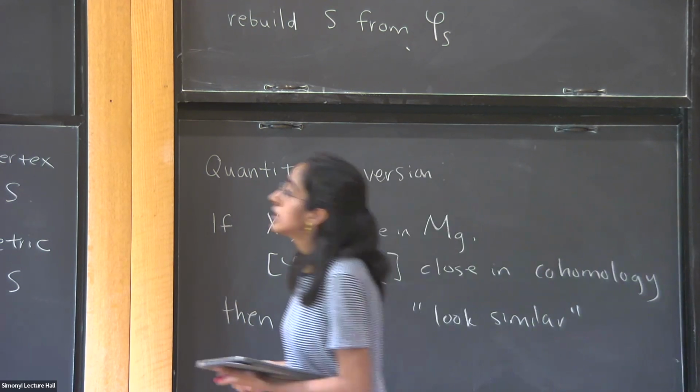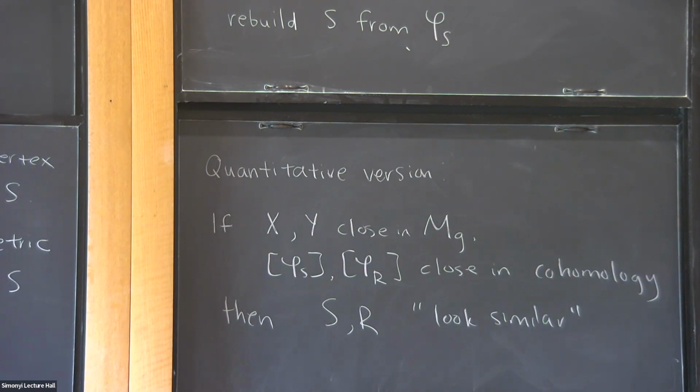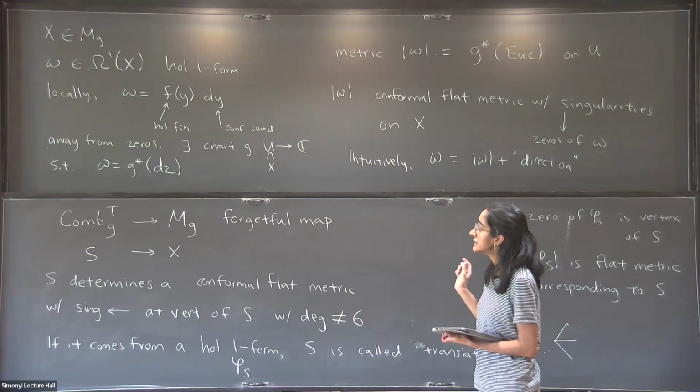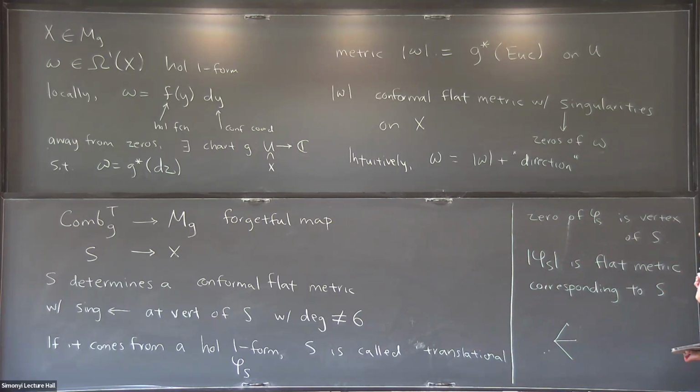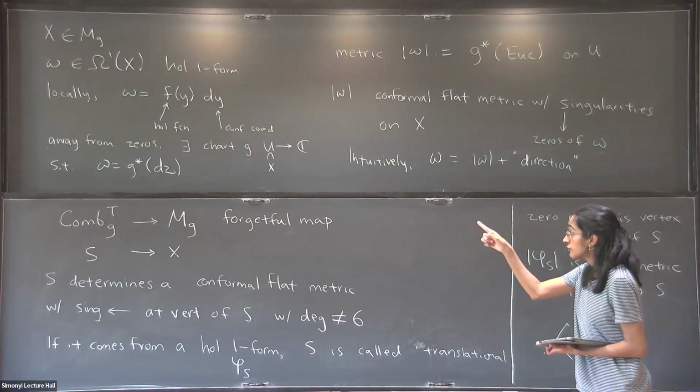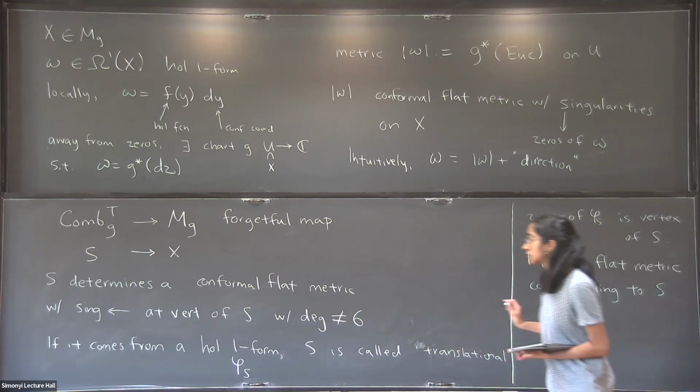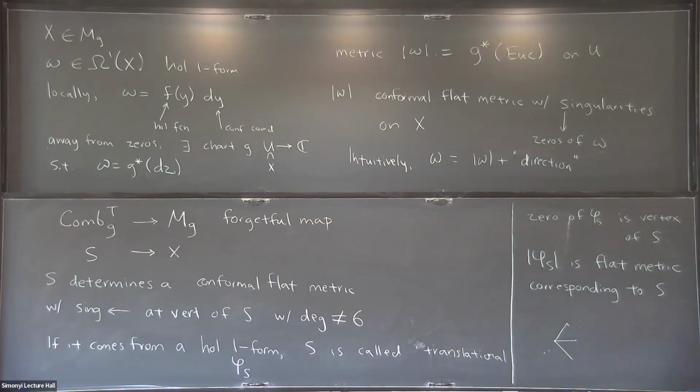And so the point is that there was this difficulty that given two particular triangulations, I didn't know how to tell whether they are close in moduli space. But the point is, if your triangulations are translational, and so for instance, I wanted to say that if I have two triangulations and they're close in moduli space, then the triangulations themselves are combinatorially close in some sense.